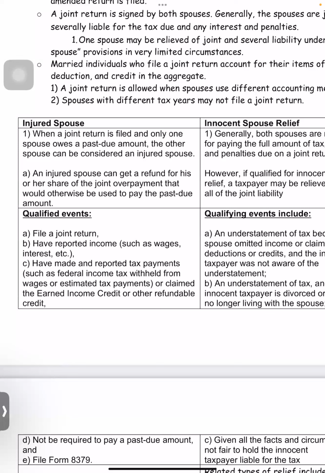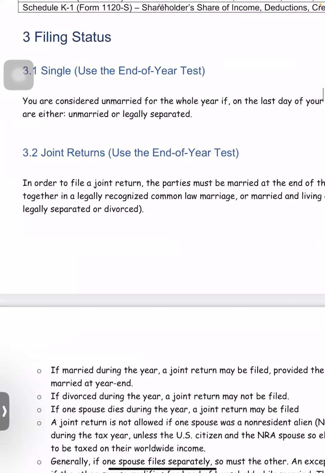First one is that she and her husband are both filing a joint tax return. They have reported income such as wages, interest, dividend, tips, commission, earned plus unearned, whatever we have seen yesterday.